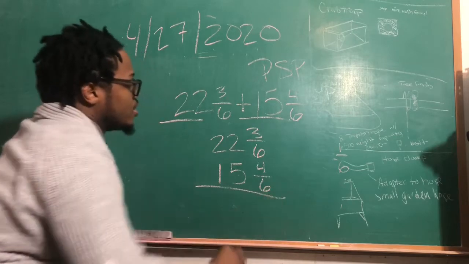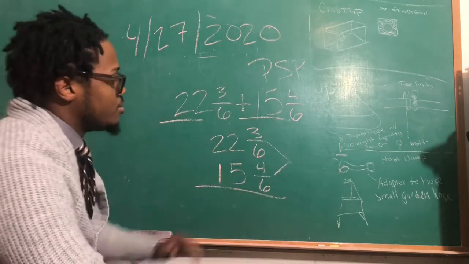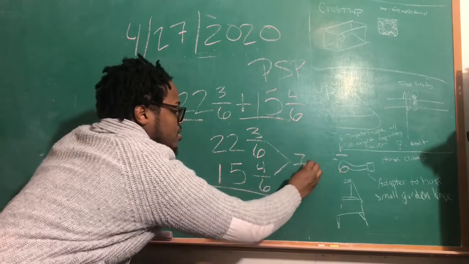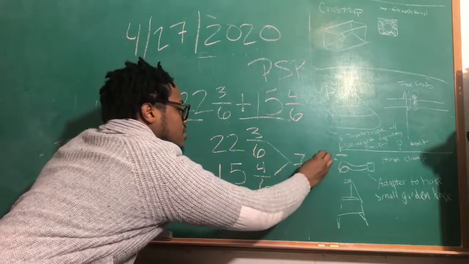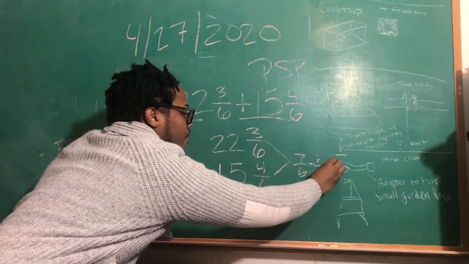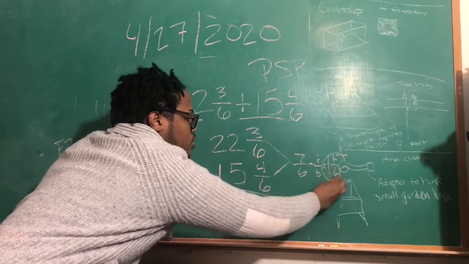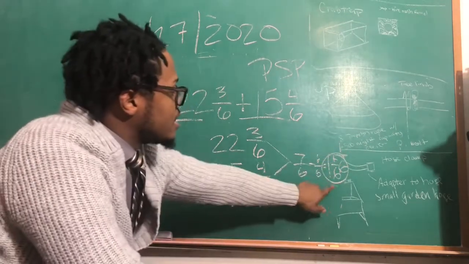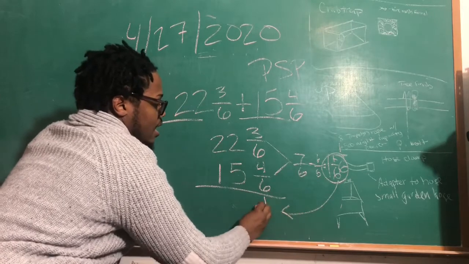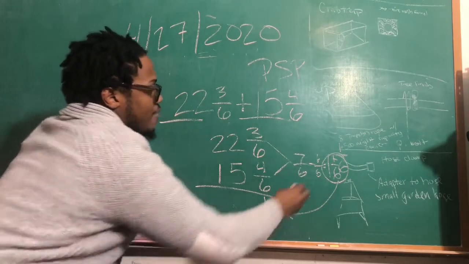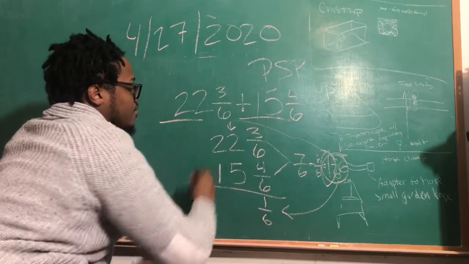What will happen is I will still do the addition of these fractions here, just like we did before. I will still get the 7/6. I will still be able to change that 7/6 into 1 whole and 1/6, into 1 and 1/6. It's just that now I know that this fraction piece will be left here, 1/6, and this whole number piece, the whole number 1, I'll just add to the front here.